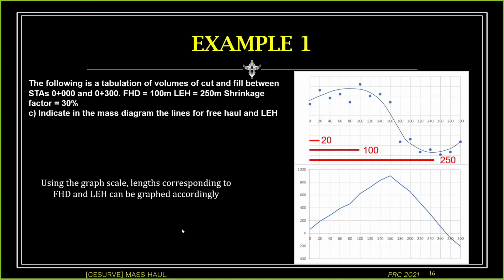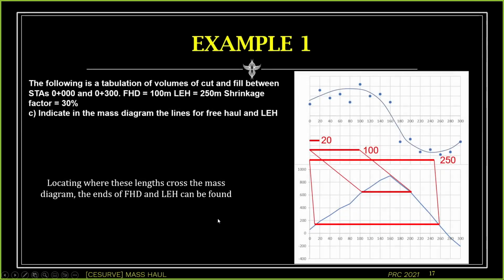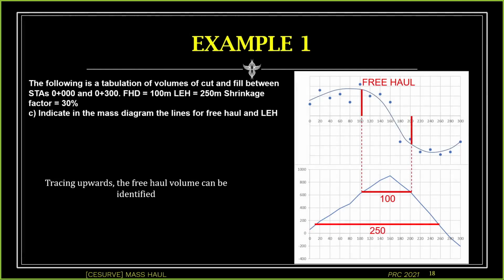Let me go back to the slide deck. So, next, we projected 100 and 250. Did we understand that? A thumbs up, if you understood the process. Okay. Next, we will project. So, indicate in the mass diagram the lines for freehaul distance. So, tracing upwards, the freehaul volume can be identified.